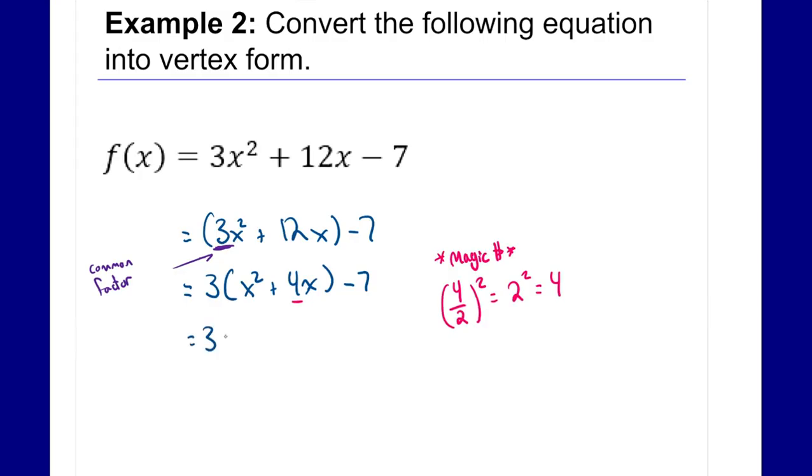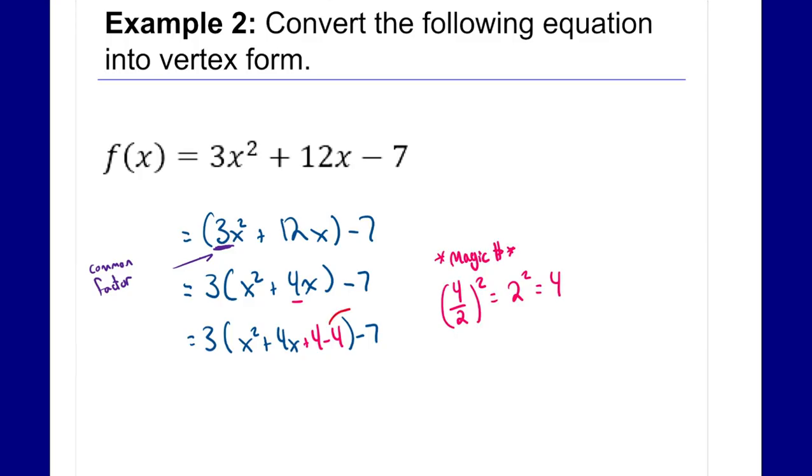So now that I have that value, I can add 4 and subtract 4 inside that bracket. And the reason we add and subtract is because if I add a value and I subtract the same value, technically I haven't really changed anything, right? Because plus 4 minus 4 is just 0. So I haven't changed anything. I still have the minus 7 on the outside.